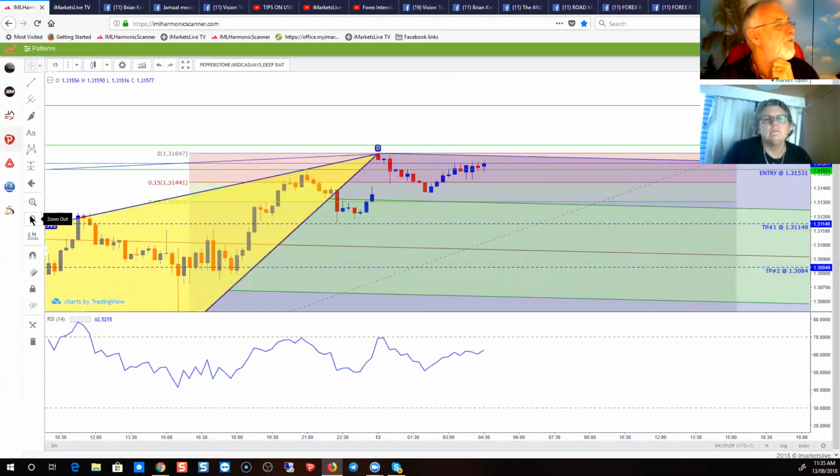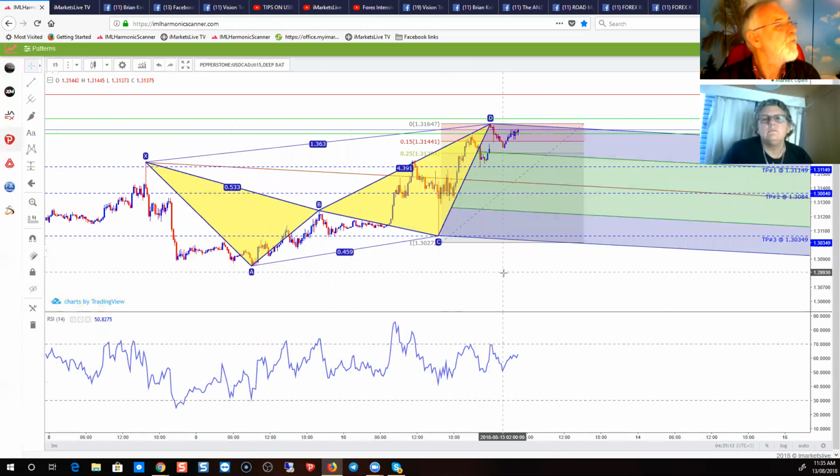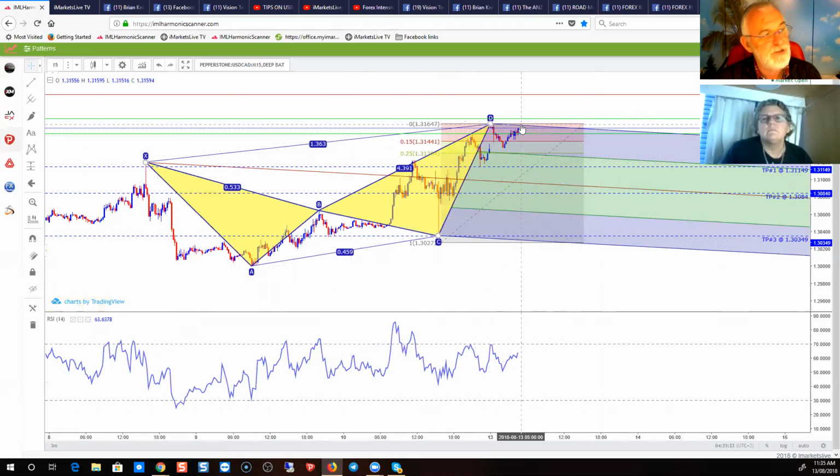Look, and we go out further. Wow, you can see that nearly came down to that quarter, and then it's gone back up. It hasn't gone up to there. Now, from a pitchfork perspective, there is a high probability of extra trades that can be taken advantage of out of a pitchfork from a harmonic scan.